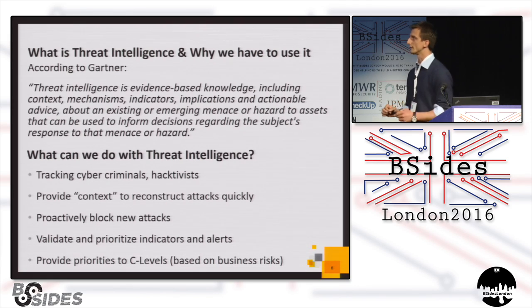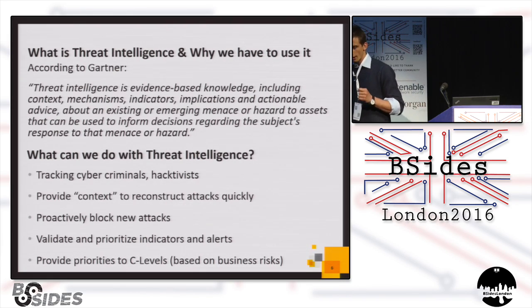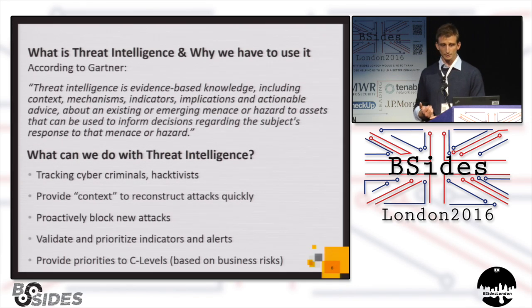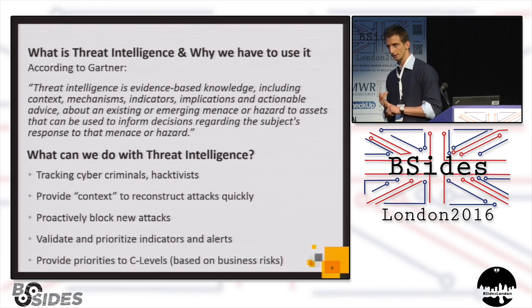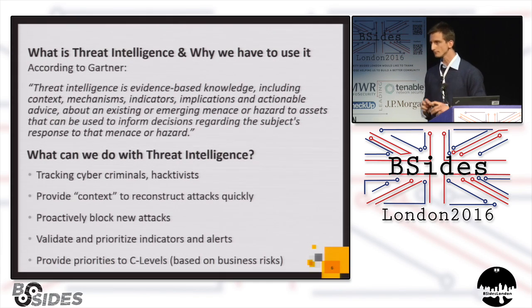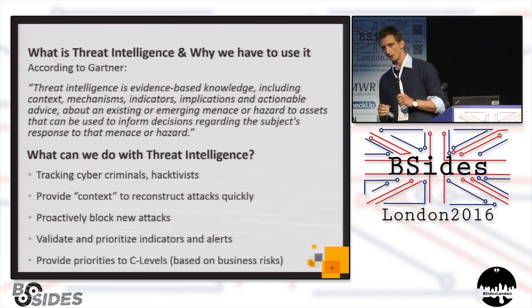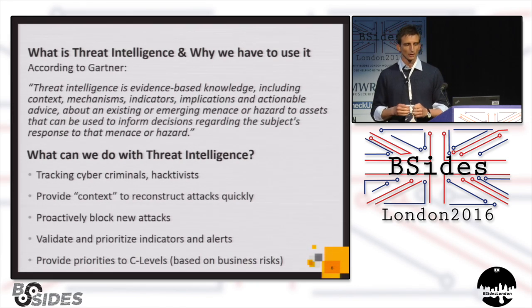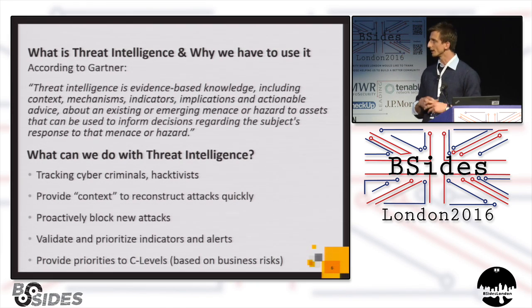What can you do with threat intelligence? You can do attack investigations, so you can track down cyber criminals. You can provide a context to reconstruct the attack quickly. So if you are an incident responder, you can use threat intelligence to identify new domains that the malware can use, or the IPs, or any file that has been created by the malware.